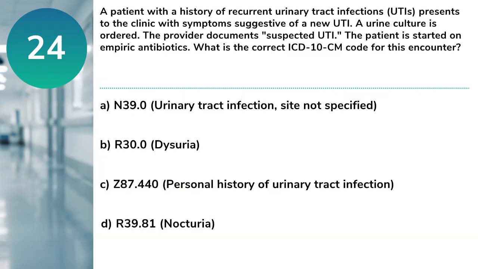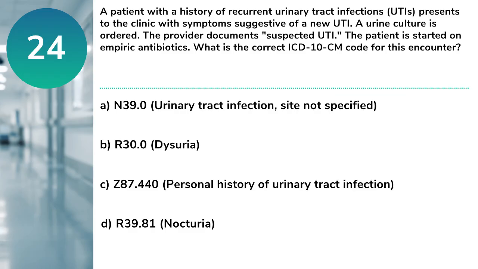Question 24. A patient with a history of recurrent urinary tract infections, UTIs, presents to the clinic with symptoms suggestive of a new UTI. A urine culture is ordered. The provider documents suspected UTI. The patient is started on empiric antibiotics. What is the correct ICD-10-CM code for this encounter?